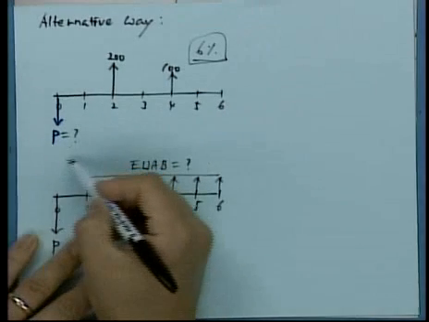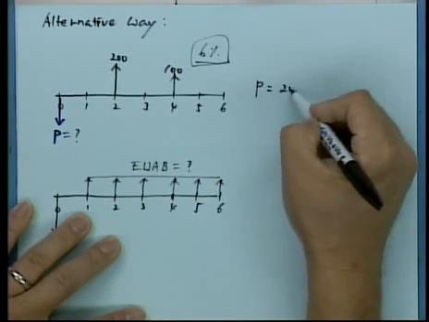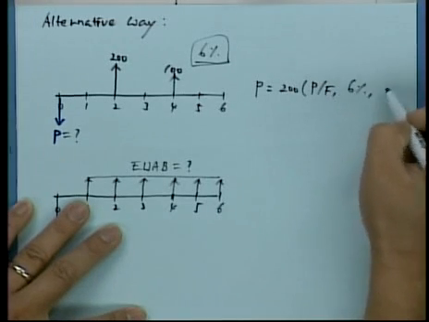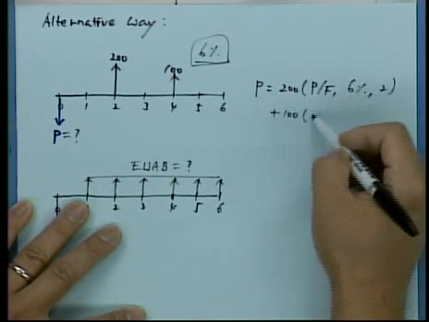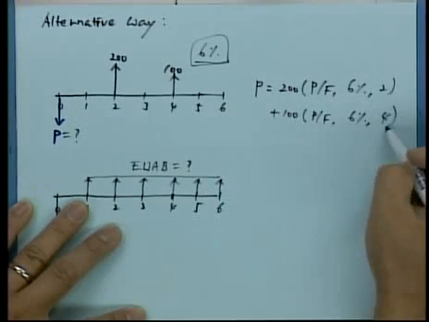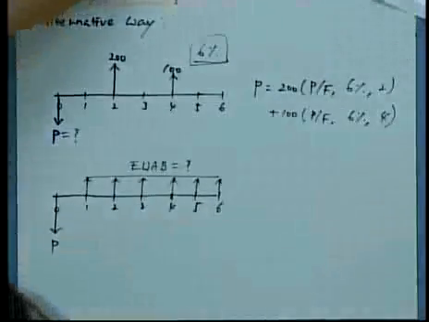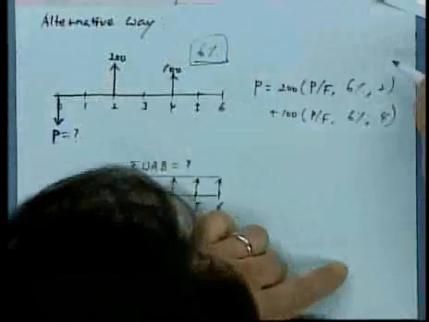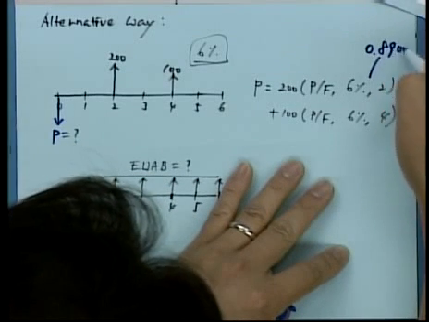So how do you get this present sum of money P? That's going to be 200 times P given F, 6% over 2 periods, plus 100 times P given F, 6% over 4 periods. P given F over 2 periods is 0.8900.